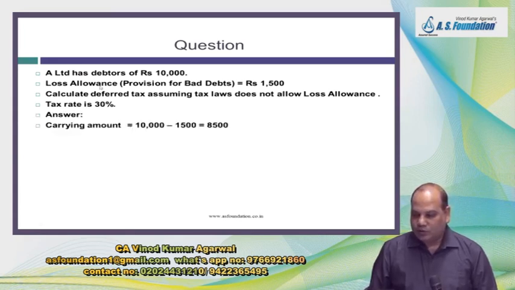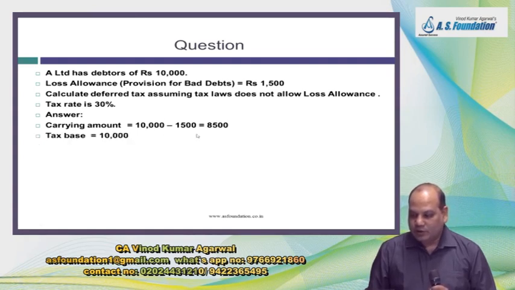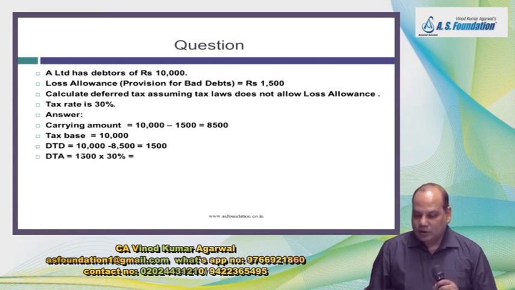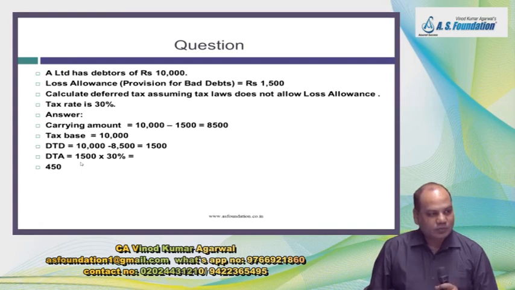Carrying amount in case of receivable is your gross amount minus loss allowance, that is 8,500. But the tax base will be 10,000. Under the tax law, when the actual bad debt happens, at that time it is allowed as deduction. So therefore it will give rise to a deductible temporary difference of 1,500, and therefore it will give rise to DTA equal to 450. Is it right, 450?